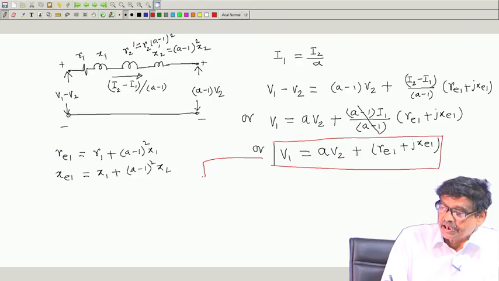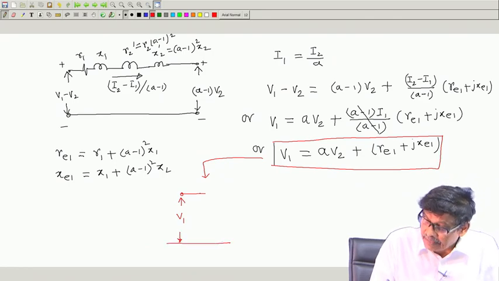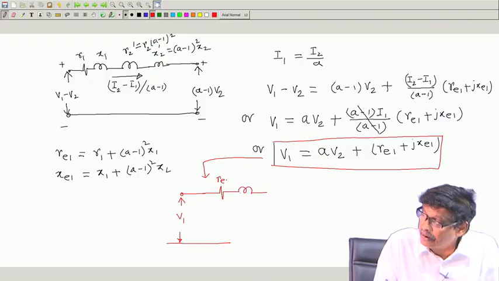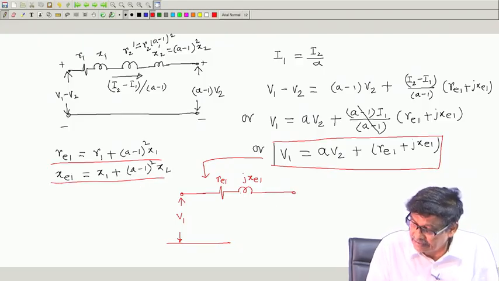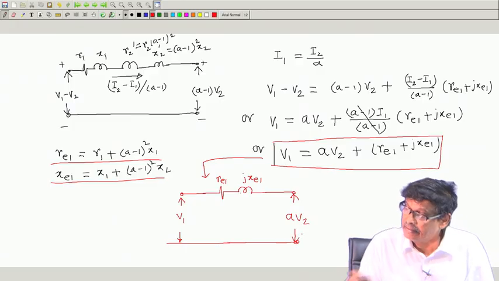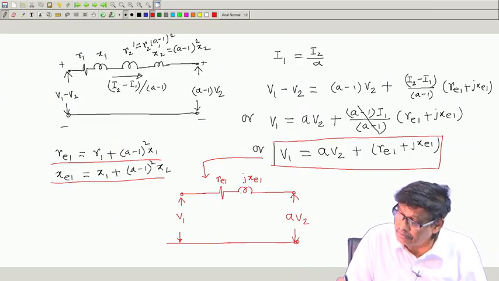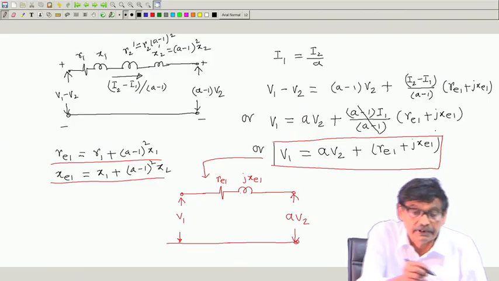This equation prompts me to draw the equivalent circuit referred to primary, as if a voltage V 1 is there this side, and here is the impedance R E 1, J X E 1, where the description of R E 1 is this, description of X E 1 is this, and then here I am having a V 2 into I 1, mind you, I forgot to write that, into I 1.